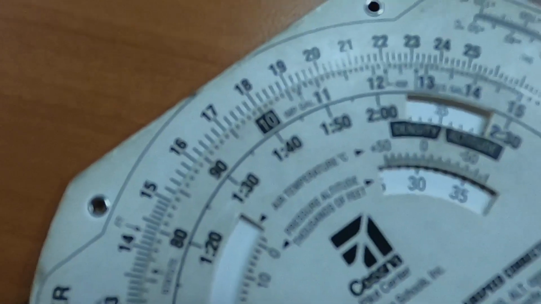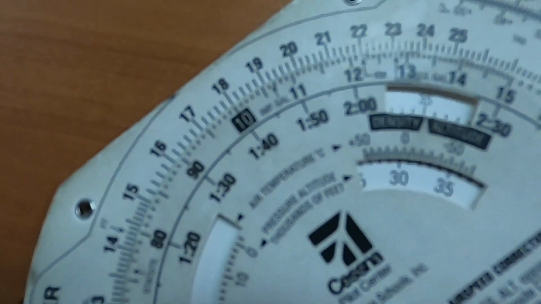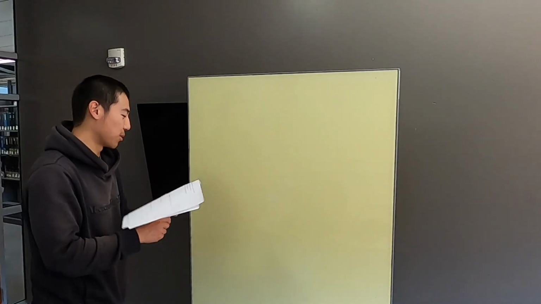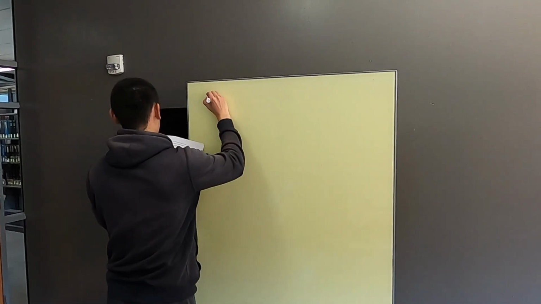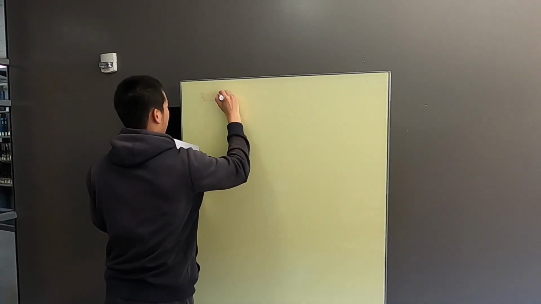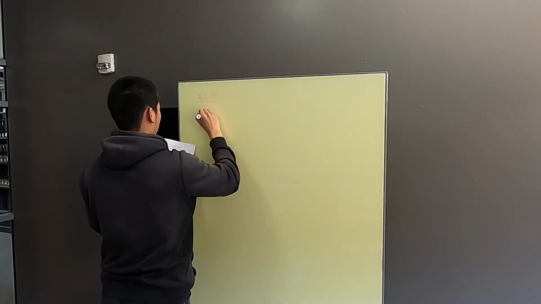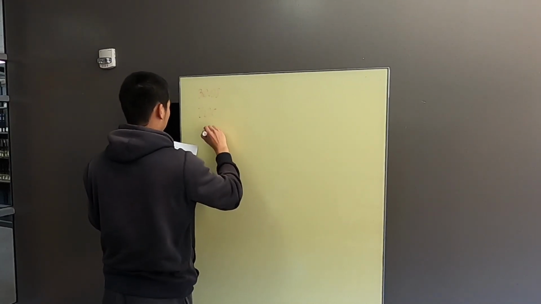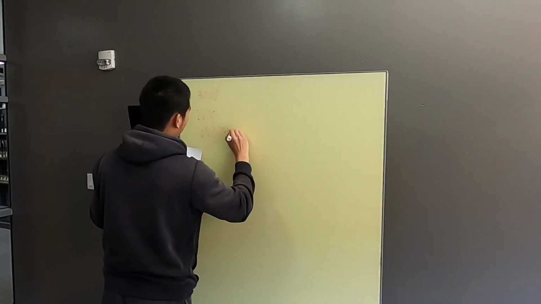So with that, let's go ahead and work on some E6B problems to demonstrate how this works. All right, so now we're going to do some practice problems using the E6B. The first problem I have up here is, what is the density altitude if your altimeter setting is 30.08 inches of mercury, we have a temperature of 20 degrees Celsius, and a field elevation of 1,000 MSL.